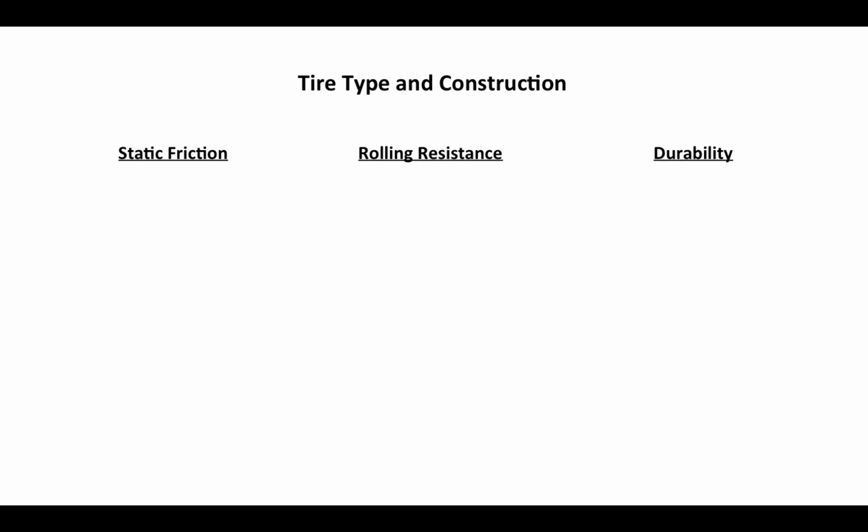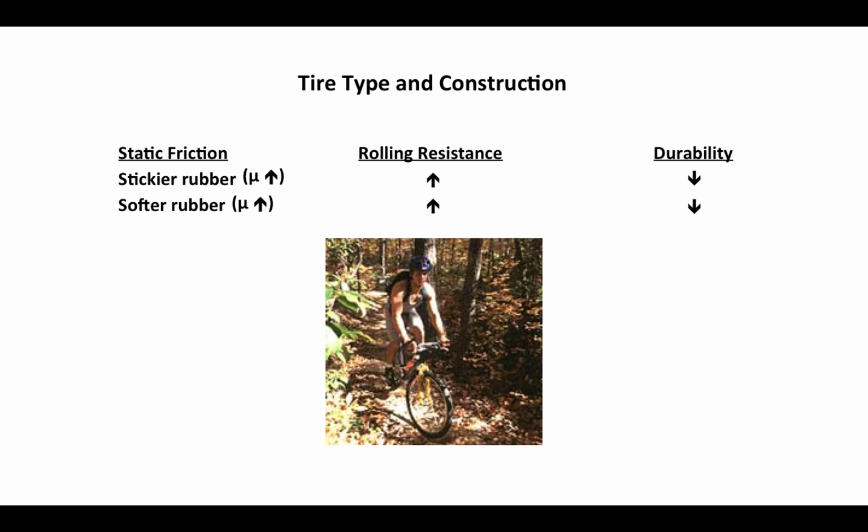I could use a tire made out of stickier rubber or softer rubber. Either of those will make mu increase, but my rolling resistance will increase as well, and the durability would decrease. That may be a very reasonable trade-off for mountain biking.